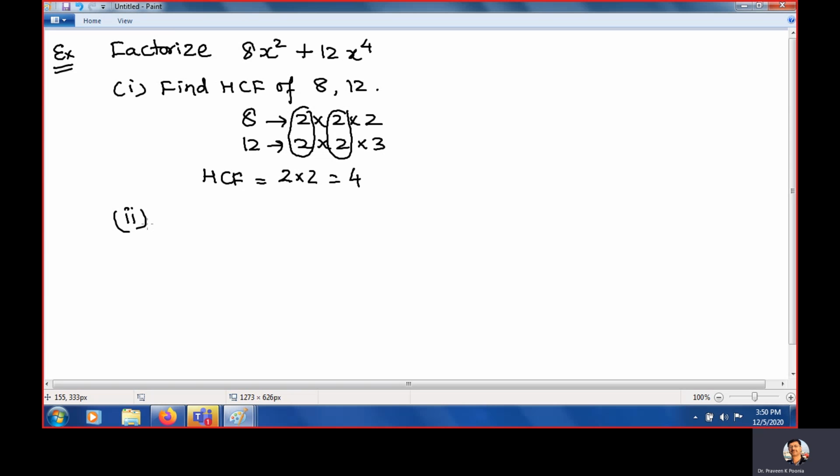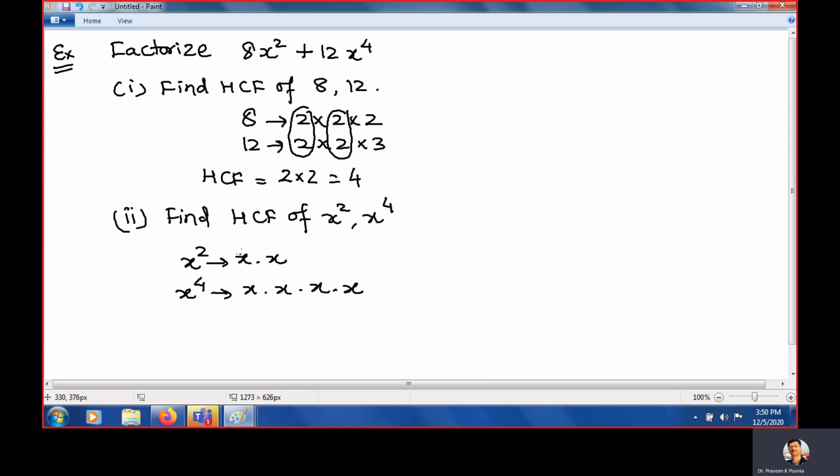Now what is the second step? Find the HCF of x power 2 and x power 4. I am directly saying the smaller term will be the HCF. Otherwise you can write x power 2 as x times x and x power 4 as x times x times x times x. Clear?